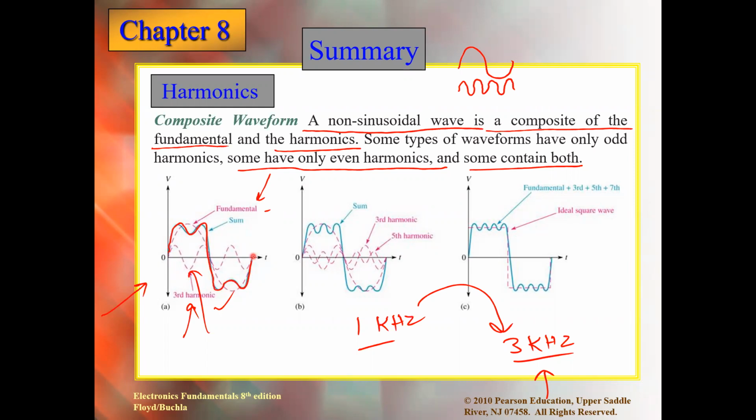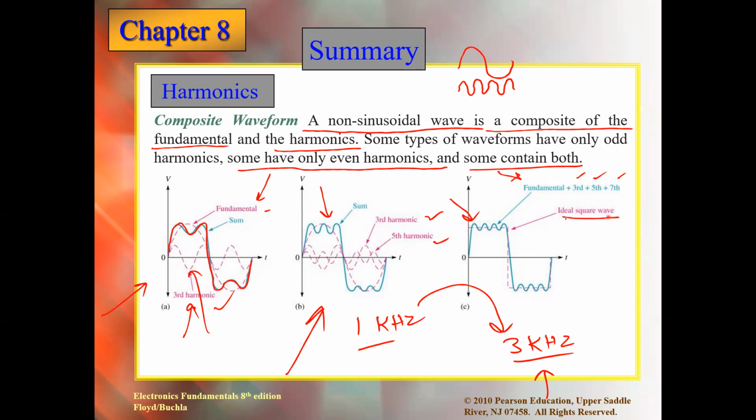Okay. Now consider the second example. We are having the fundamental plus third harmonic plus fifth harmonic. So you see how the shape of the composite waveform changes. You increase the harmonics further, fundamental plus third, fifth, and seventh harmonics. If you add them, you will be getting something like that.